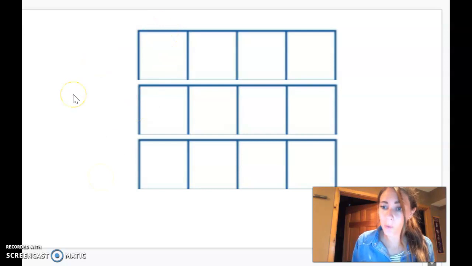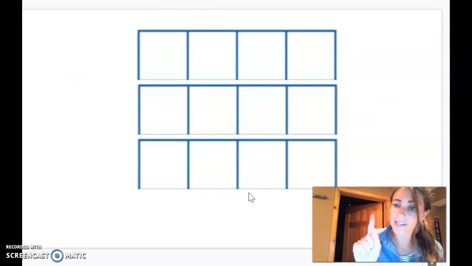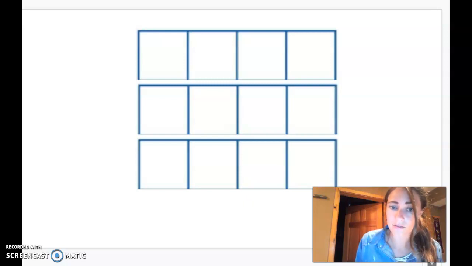So the only way for us to make 3 equal shares with our rectangle was to take each row as 1 share. Okay, so I split each of the rows and used it as 1 share so that I have 3 equal shares. So how do you know that these 3 shares are equal?